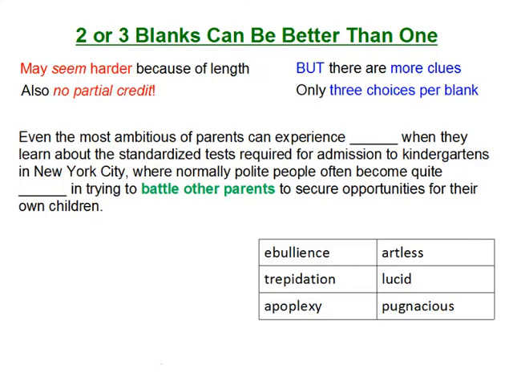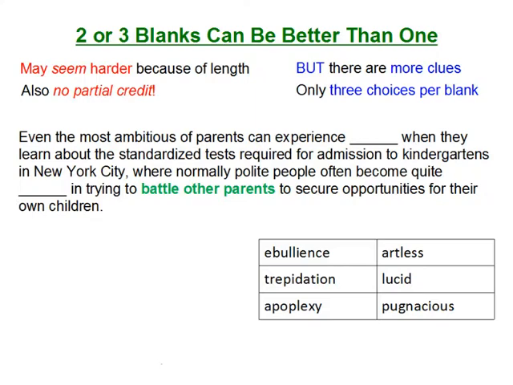They could experience elation, excitement, fear, anger, reluctance. There's any number of things they could experience. But at the bottom, normally polite people become quite something else. So they're normally polite. Now they are not polite. And specifically, how are they not polite? They try to battle other parents.